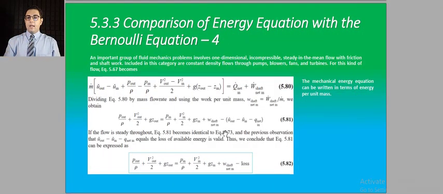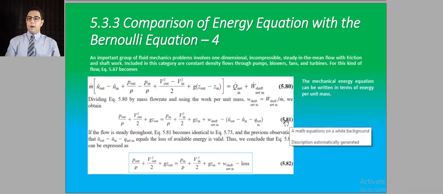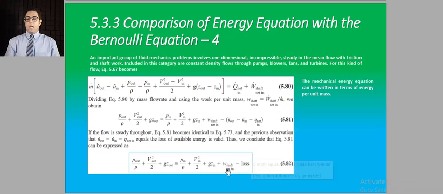Welcome back, guys. Here we are just participating the work of the shaft in the equation 5.80, and just like the previous step, it's divided by unit of mass as equation 5.81.